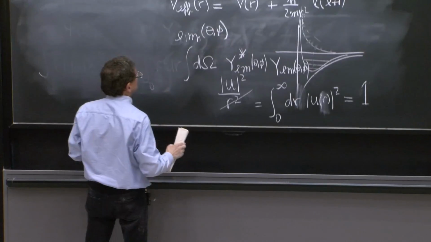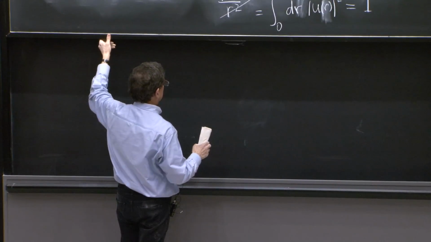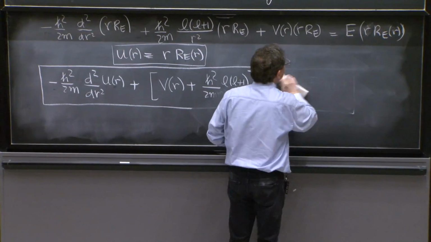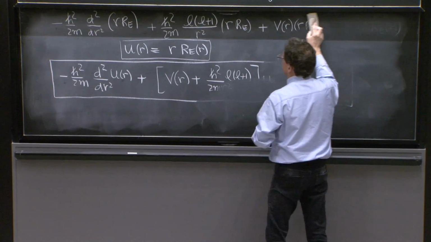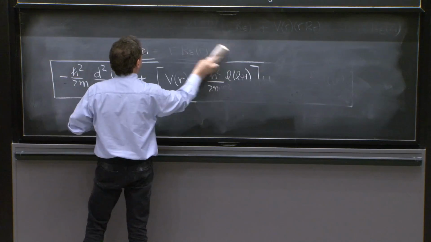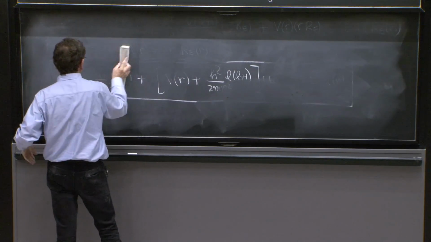Next, we need the second pair of canonical variables. So, I should show you this one first. So for the second pair, it's reasonable to use the x that we anticipated. So we'll have a relative coordinate x.